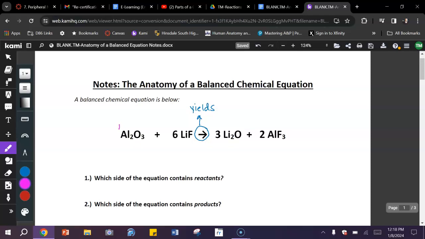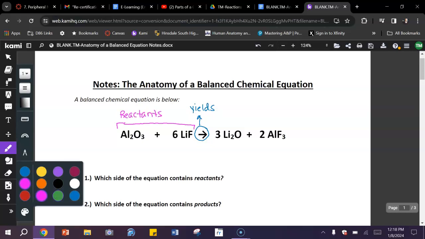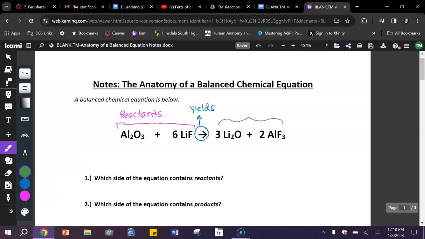The compounds that are found on the left of the arrow are called the reactants, and the compounds that are found on the right of the arrow are the results, or the products. So when we mix our aluminum oxide with 6 lithium fluorides, we are going to produce 3 lithium oxides and 2 aluminum fluorides.